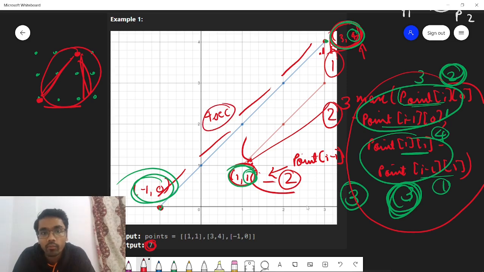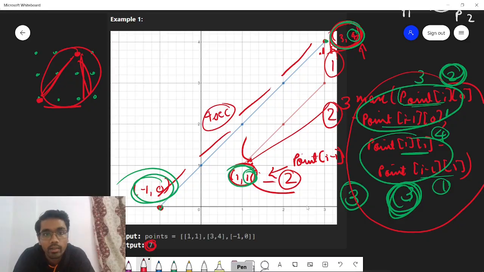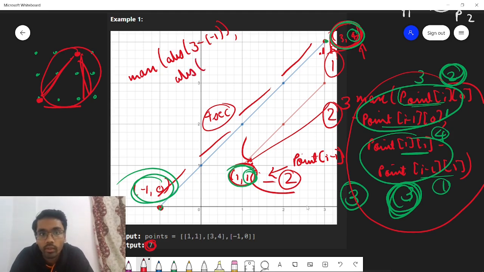Now how will we get the 4 seconds? Simply do the same thing. So 3 minus minus 1 and 4 minus 0, so the maximum of that. Here also we need to take the absolute of whatever we are doing. So let me write it clearly: maximum of absolute of 3 minus minus 1, comma, absolute of 4 minus 0.